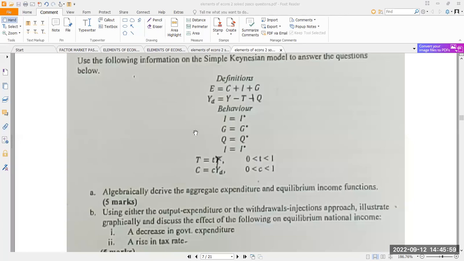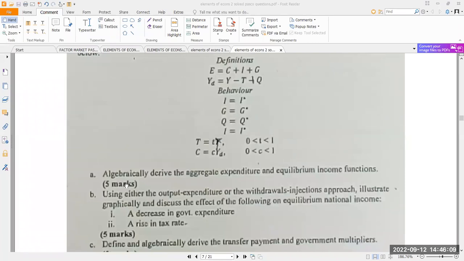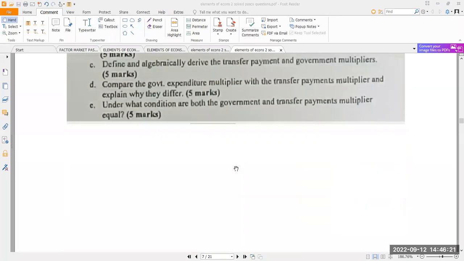Okay, and then the restriction on the parameters is that they are all between 0 and 1. They are all between 0 and 1. So our first task is to find the aggregate expenditure and equilibrium income functions. So let's do that.